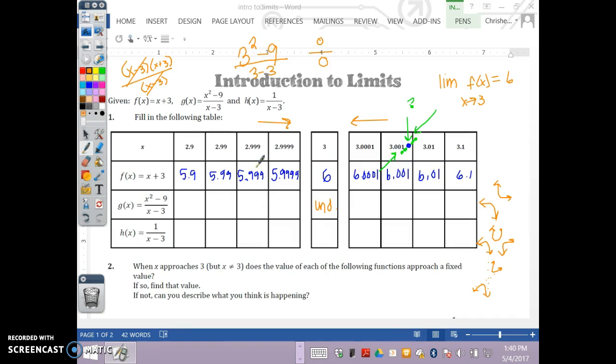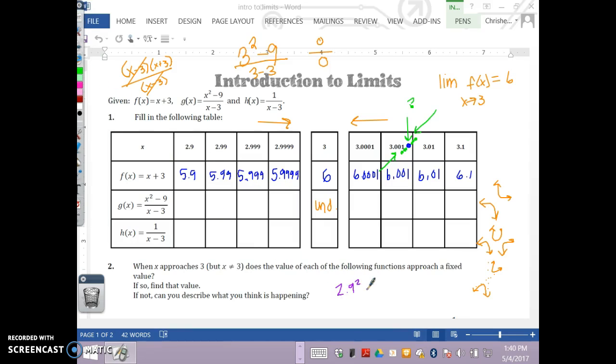Of course I'm just using my calculator here. I'm taking 2.9 squared and subtracting 9, and then I'm taking 2.9 minus 3. That actually gives you 5.9. And you can plug all of these in the calculator to verify, just plugging into g. It actually gives you the same exact thing.